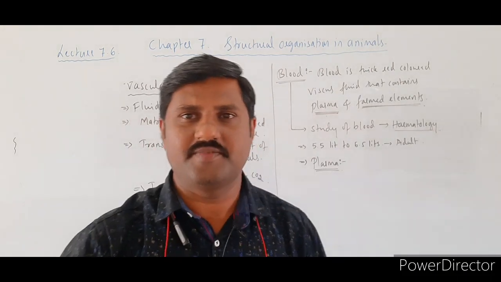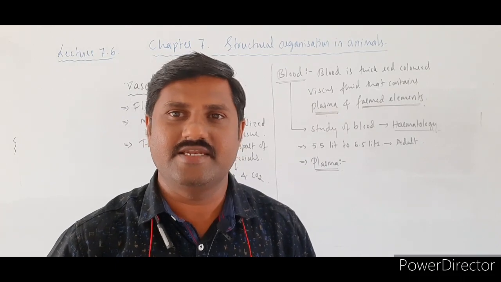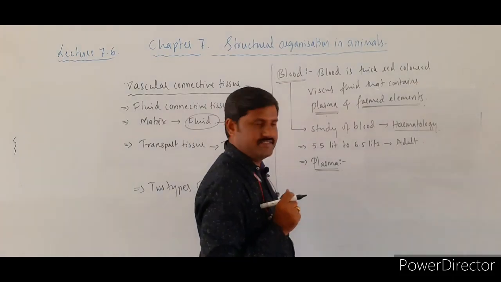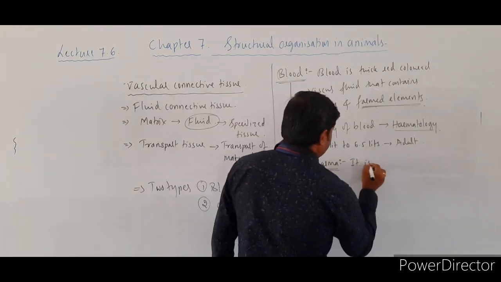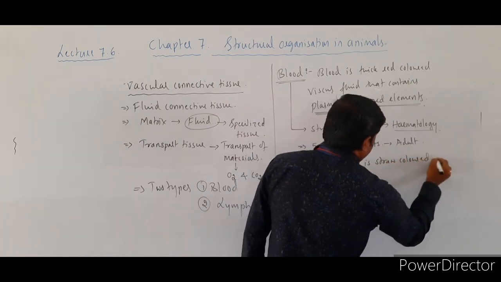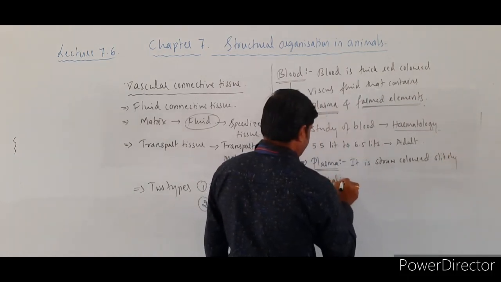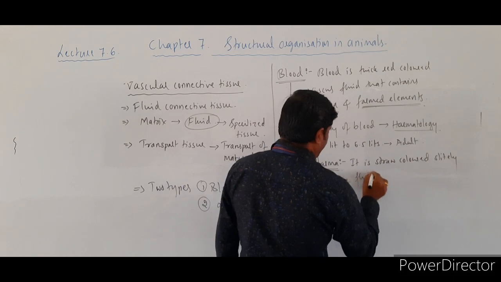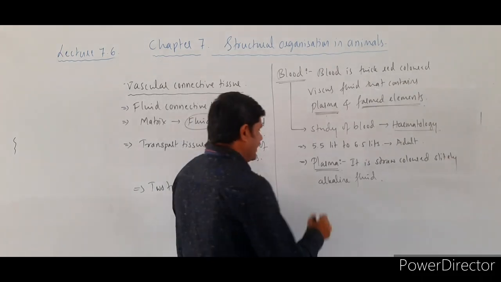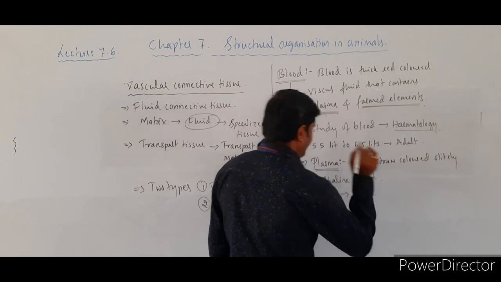It is a straw colored, slightly alkaline fluid, and its pH is about 7.35.